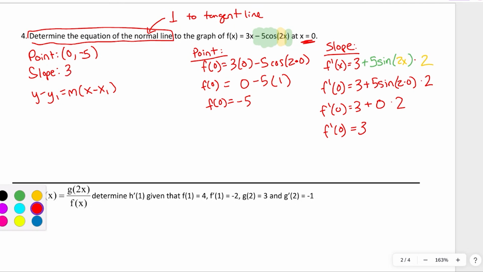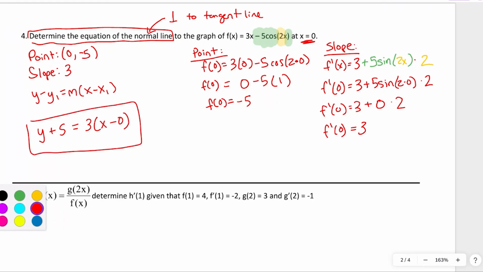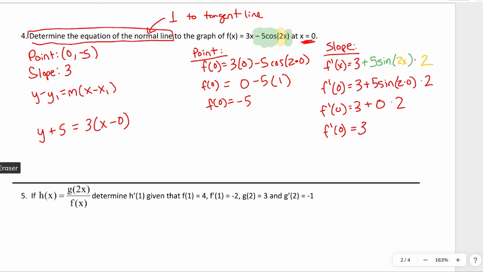And now we're ready to write our final equation. Y plus 5 equals 3 times x minus 0. Oh, hold up. That's not actually our answer, because like we said at the beginning, we want the normal line.